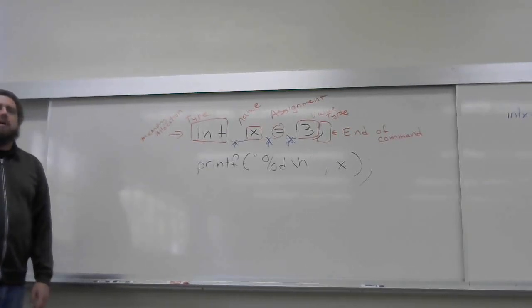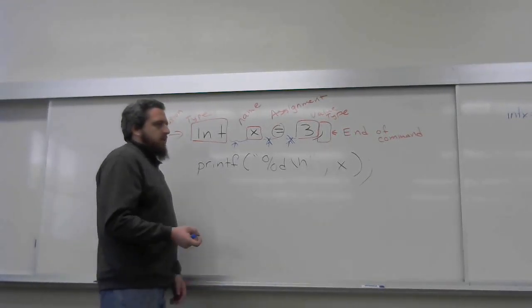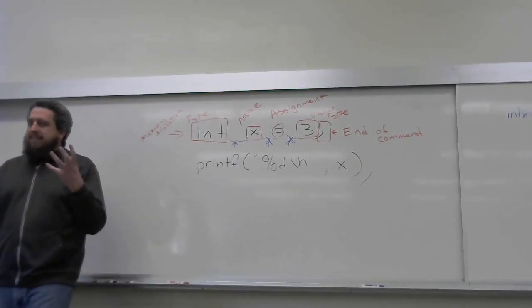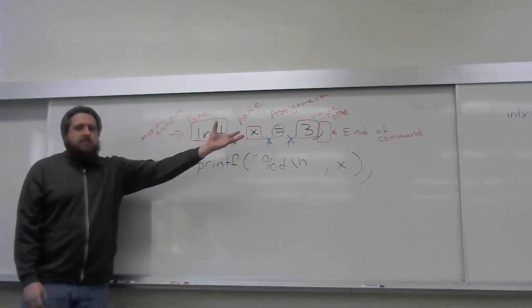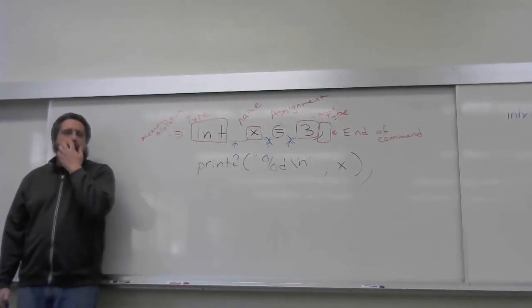How does that program work? How does GCC know? How does it semantically know all of this information in there? That's the question we need to answer.